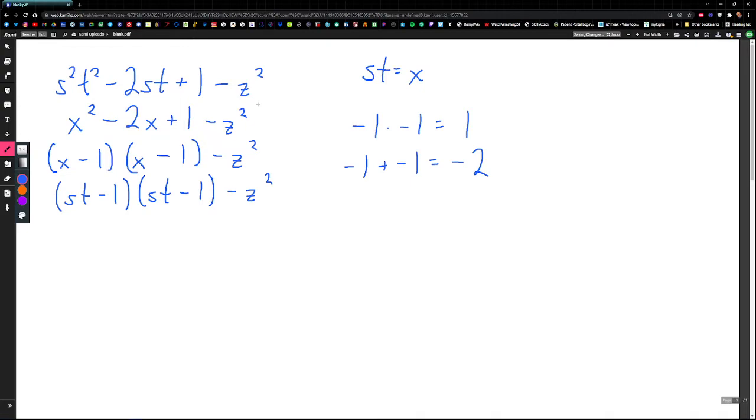Now if you notice, there are two st minus 1s being multiplied together. So I can combine these together into a single term, squared. So this right here will end up becoming st minus 1 squared, and you bring down the z squared.